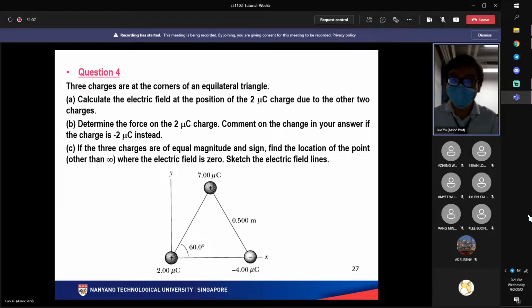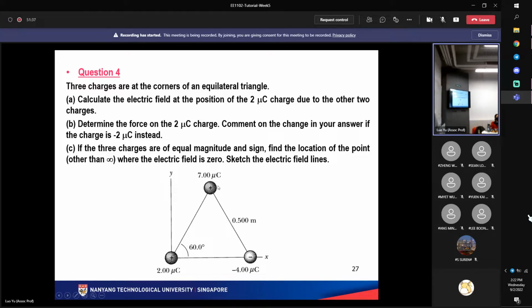Okay. So here I have three charges on the corners of an equilateral triangle, and the charge values and the polarities are given here. What I want you to do first is calculate the electric field at the position of the 2 microcoulomb charge, which is here, due to the other two charges. Then determine the force on this charge and comment on what will happen if this charge is changed from positive 2 microcoulomb to negative 2 microcoulomb.